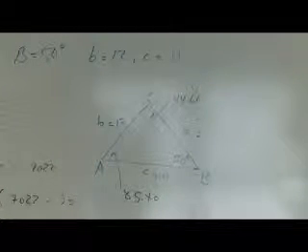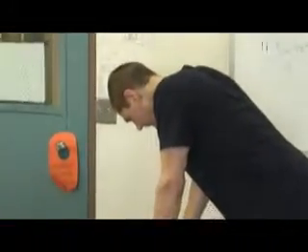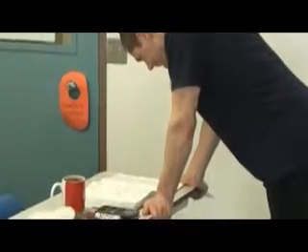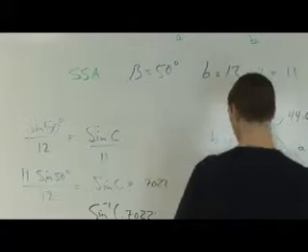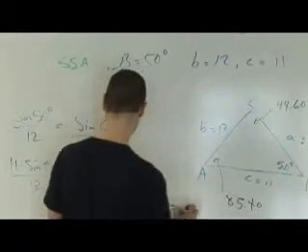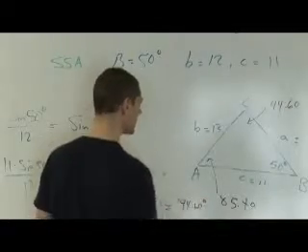Well, there's a couple things that we can do here. Let me actually see what we were supposed to do for this. Draw a picture. Oh yeah, we must find the angles A, C and side a. Okay, so now remember, the arc sine of this was approximately 44.60 degrees.